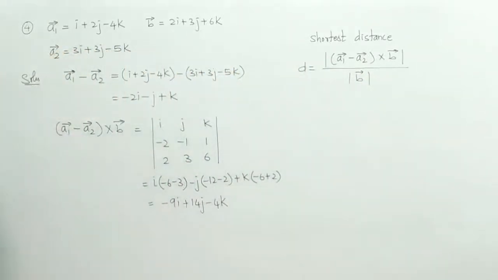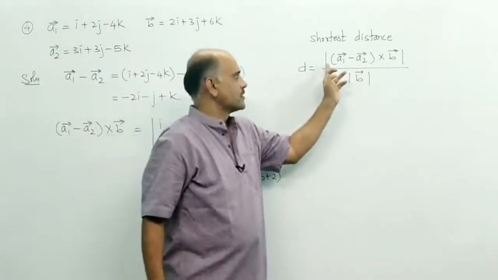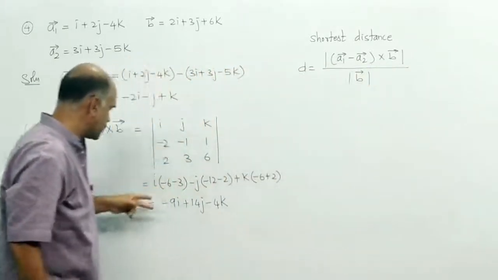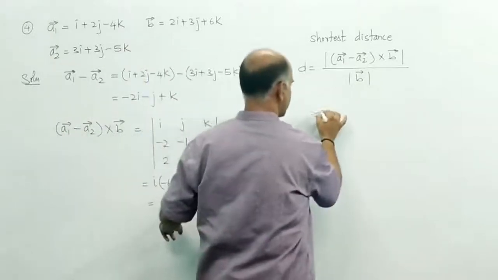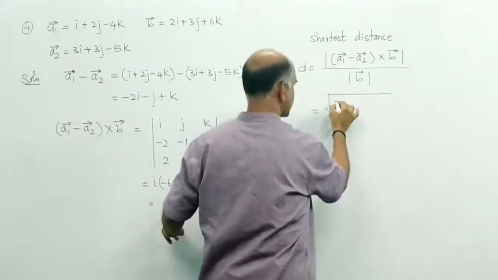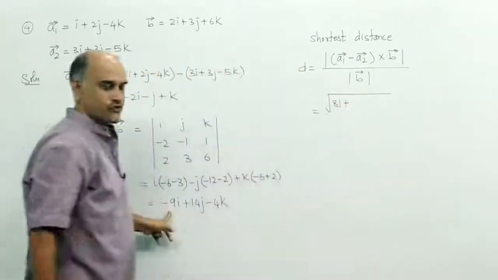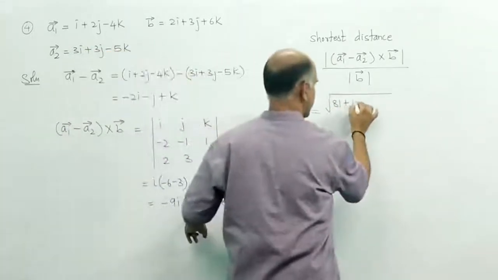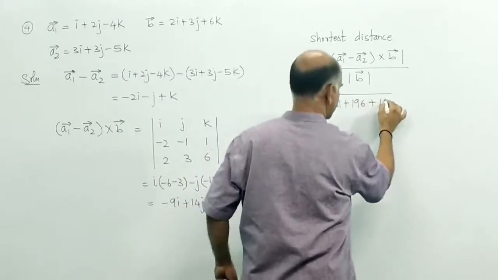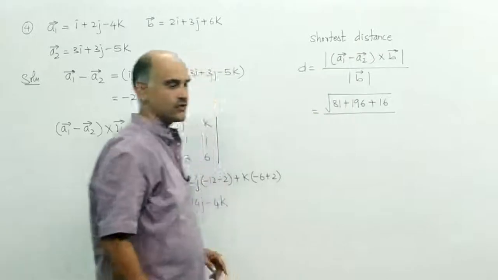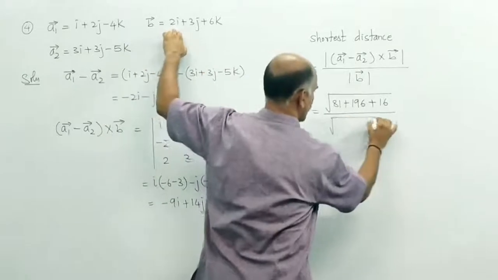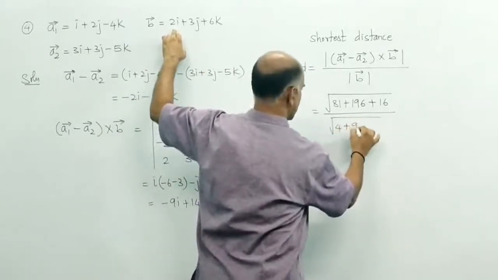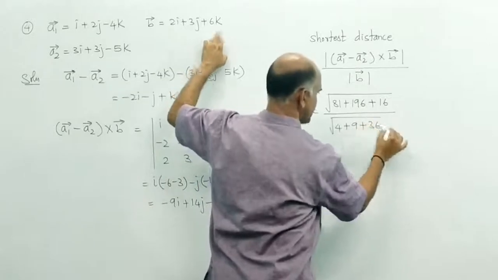So in the numerator, mod of this means nothing but the magnitude of this term, that is magnitude of A1 minus A2 cross B. So the numerator is root of 9 square 81, 14 square 196, plus 4 square 16, divided by magnitude of B. So B is over here, root of 2 square 4, 3 square 9, 6 square 36.